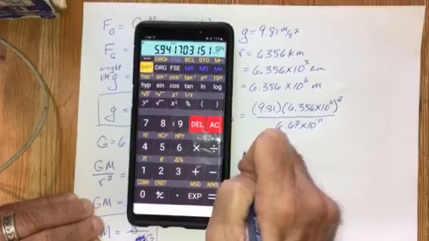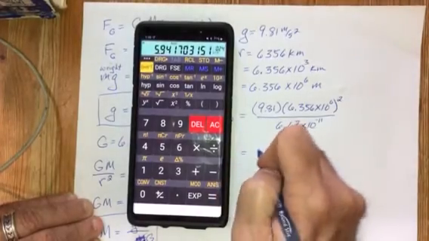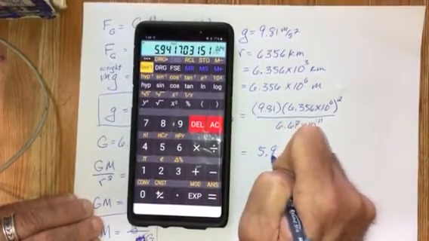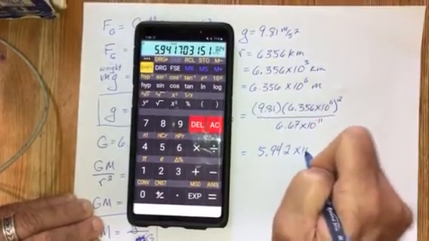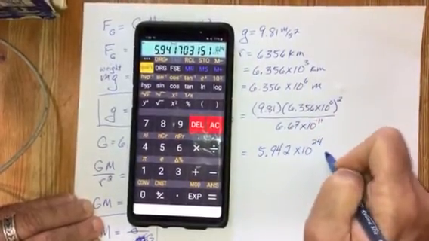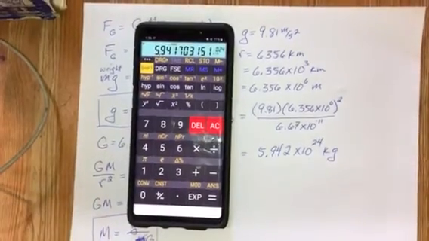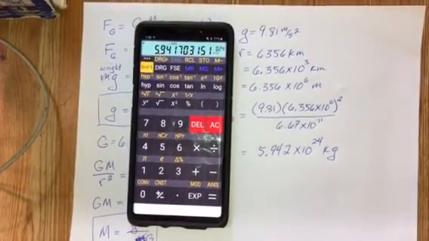So we find that the mass of the Earth is 5.942, let's call it, times 10 to the 24th kilograms. Now, I'm going to look that up on the internet right now.